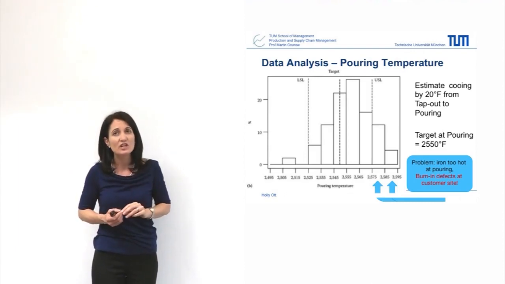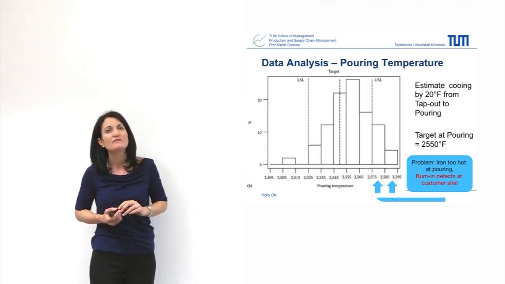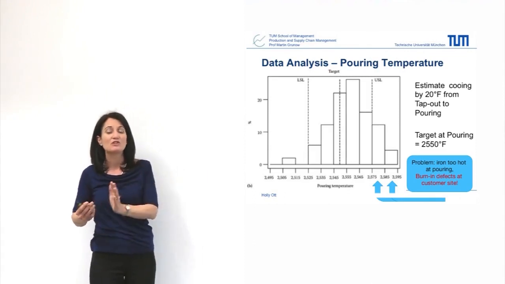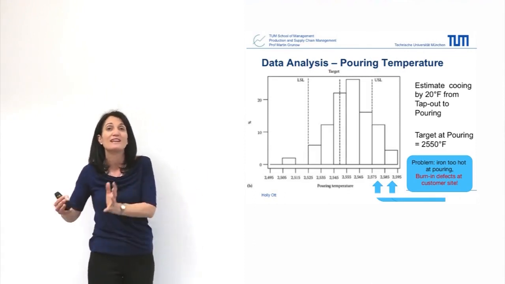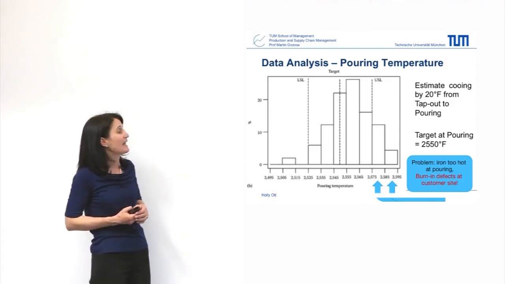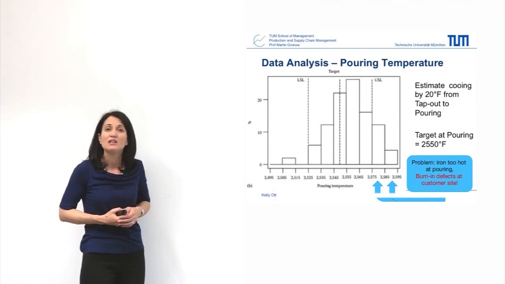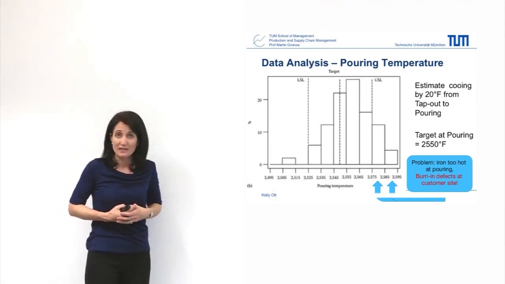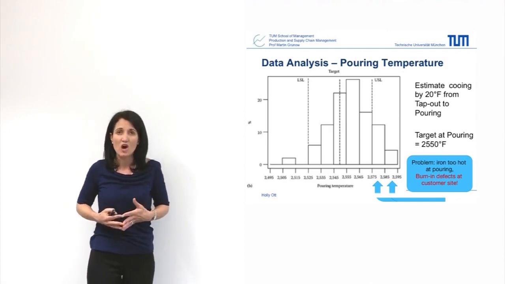Note again, the target temperature is 2,550 degrees Fahrenheit, and we estimate that there's a cooling of 20 degrees before it gets to that point. What you can also see on this graph is an upper spec limit and a lower spec limit. Beyond the upper spec limit, the temperature is too hot.